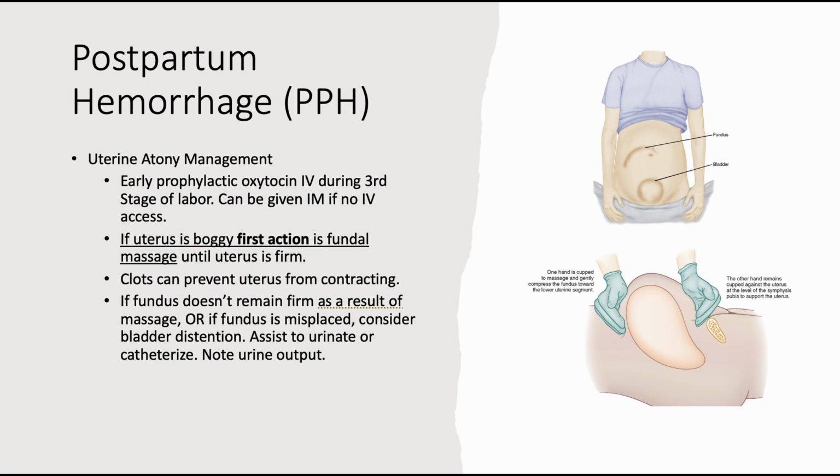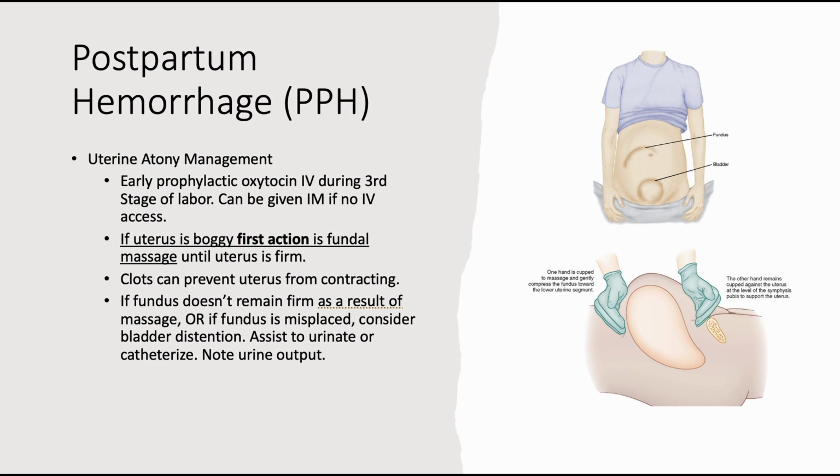So you may hear them say, start the pit. We have a bag of Pitocin ready to go. When that placenta comes out, we open it. It's going to run in very fast to make that uterus contract. So if it was thinking about not, we're giving it a ton of Pitocin to try to get it to clamp down.